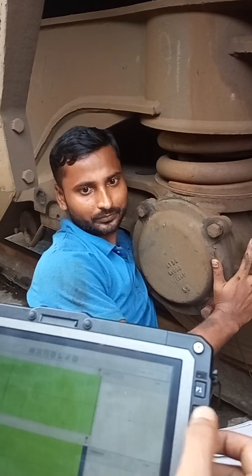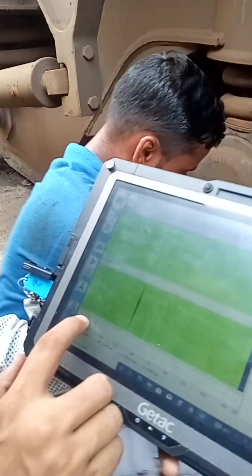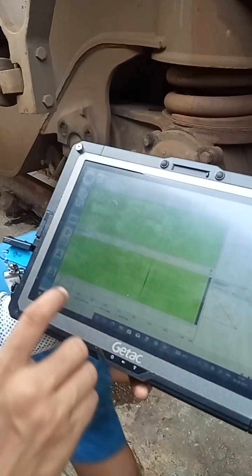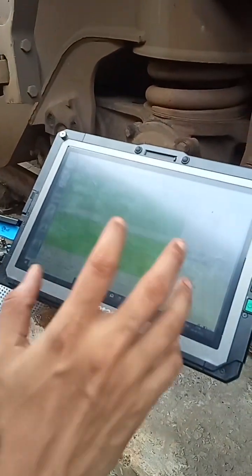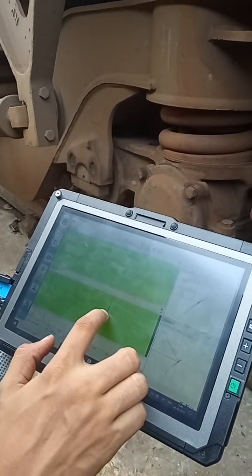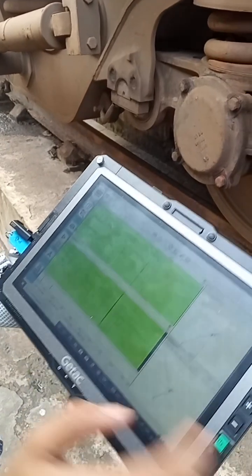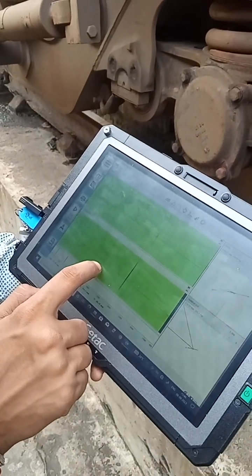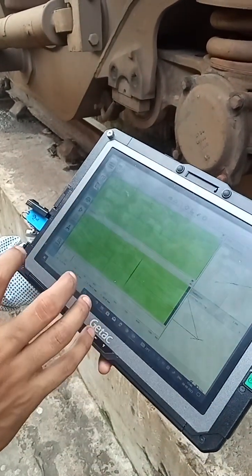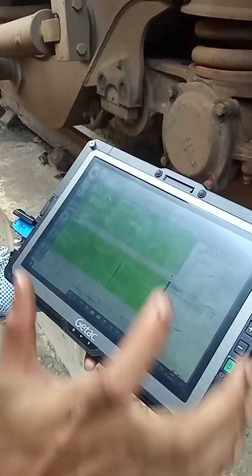Stop. So right now we have got this data. As you can see, it is also green in nature and there is no defective phase angle showing. If you get such type of data, you can say that the wheel is okay.